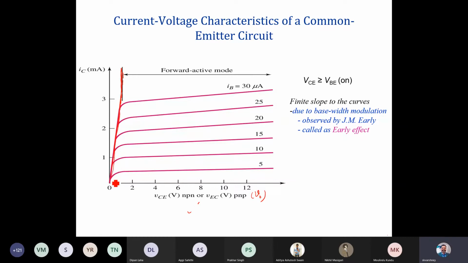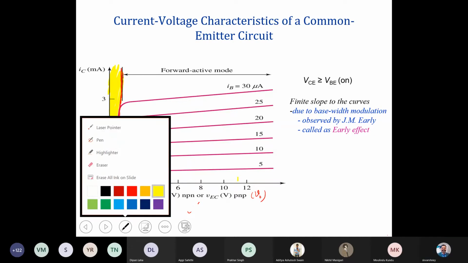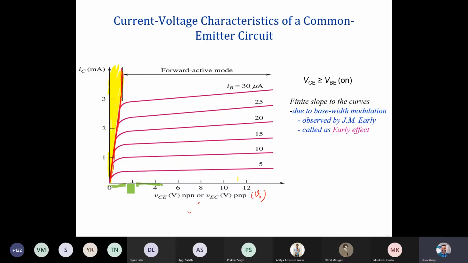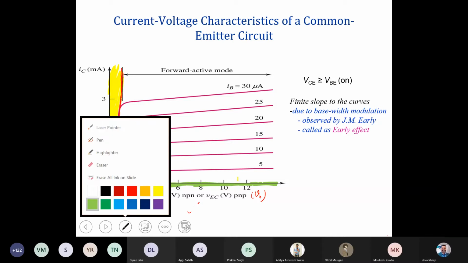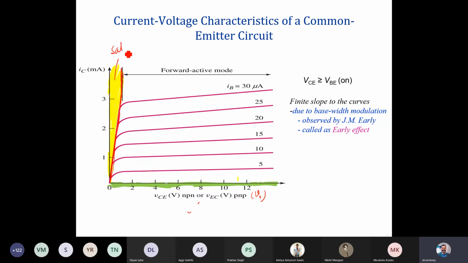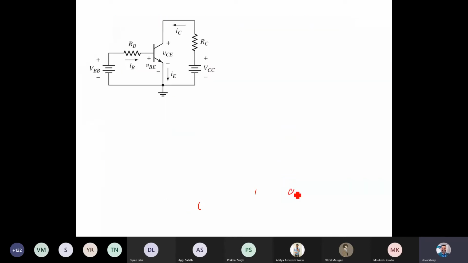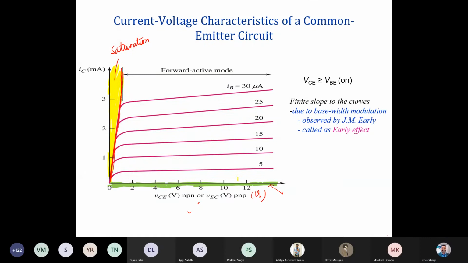So this region, what you see here, is what we call saturation, and on the axis, the green one basically is the cutoff.